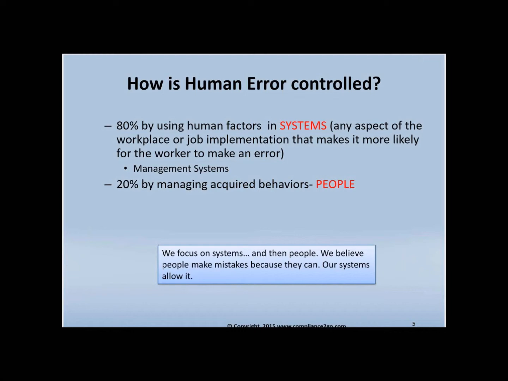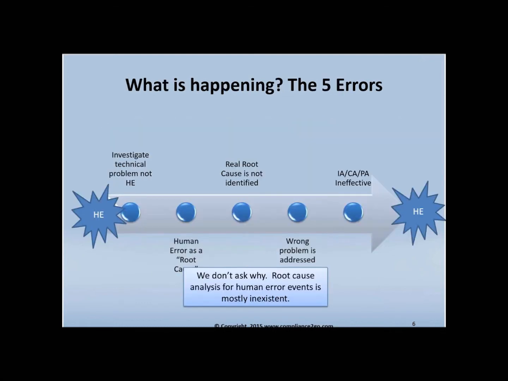So today we're going to be focusing on things around the person when we're talking about the 80%, and then we're going to talk about the actual individual when we're talking about the 20% of our program. So we focus on systems and then people. We believe people make mistakes because they can, because our systems allow it. So we are going to work on the conditions in which humans work so we can put together conditions that will prevent people from making mistakes.